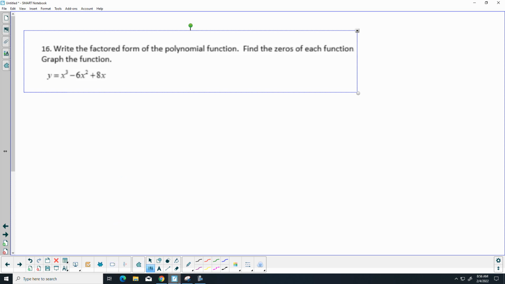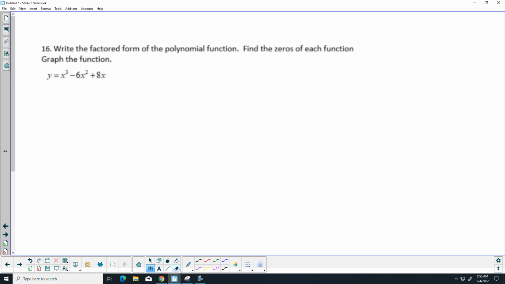Oh, you know what? This one was probably a mistake to put on there. We aren't finding the zeros until the next chapter and graphing in the next part of the chapter. So we did not cover that part, but we can go ahead and factor that. Pull out a greatest common factor, x squared minus 6x plus 8.